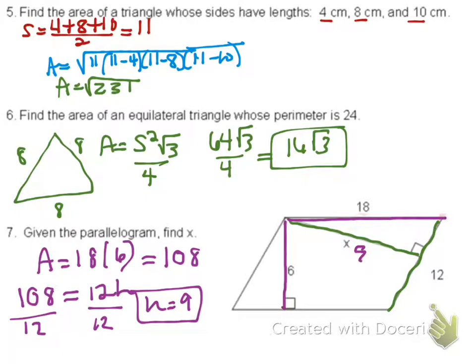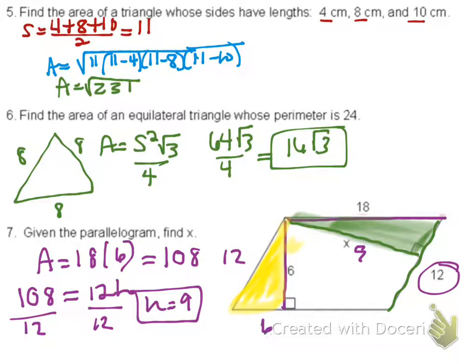Another way of doing it is you can look at your 2 triangles that you have. So we have this triangle here, which is a right triangle, and we have this triangle here, which is a right triangle, and we can set up similar triangles here. So I could say 6 over, if this side's 12, I know this side's 12.